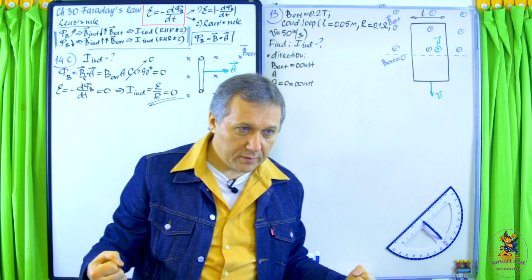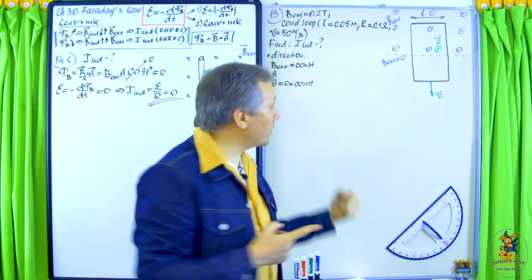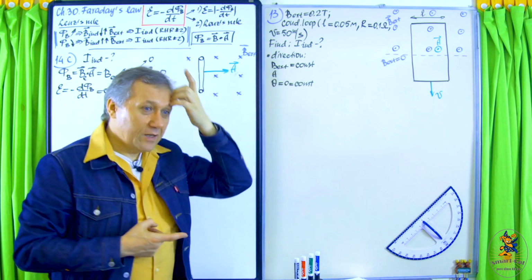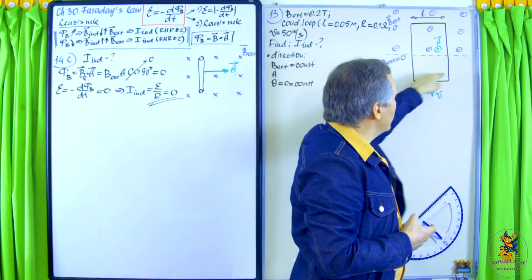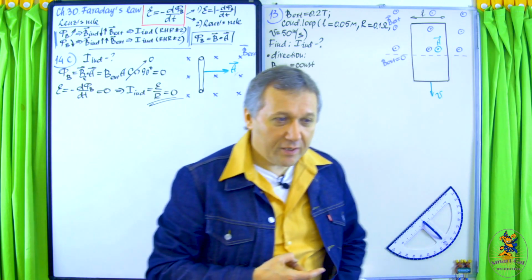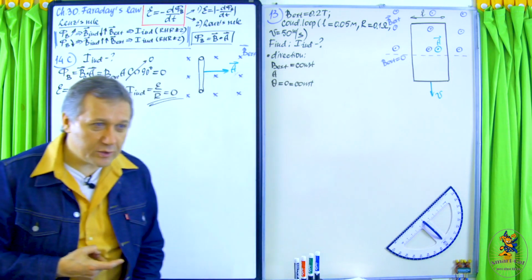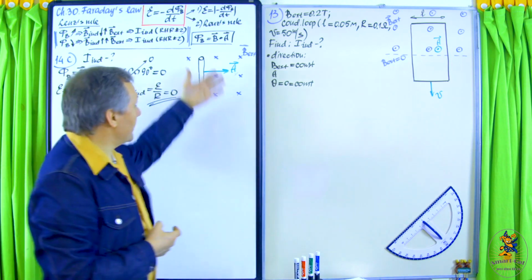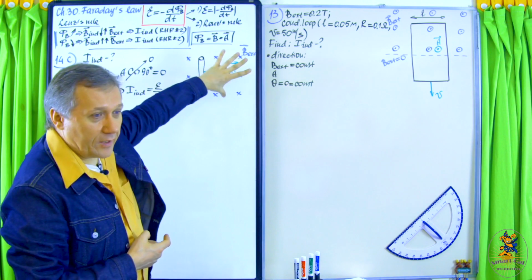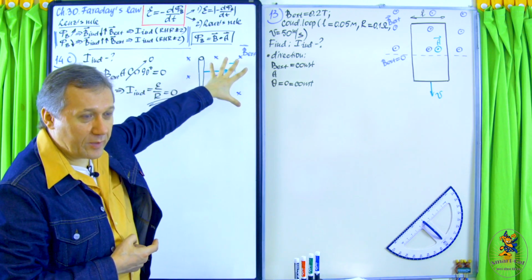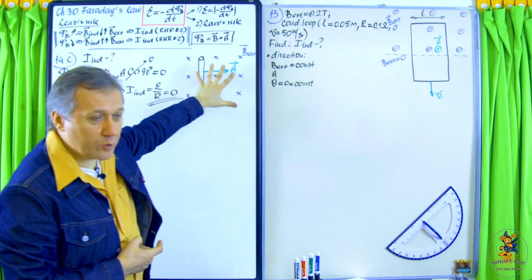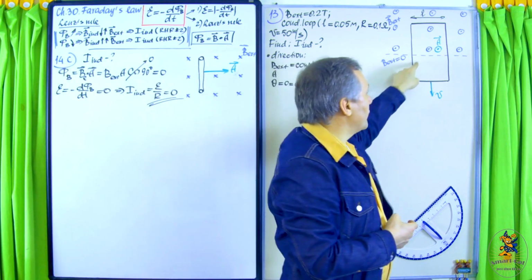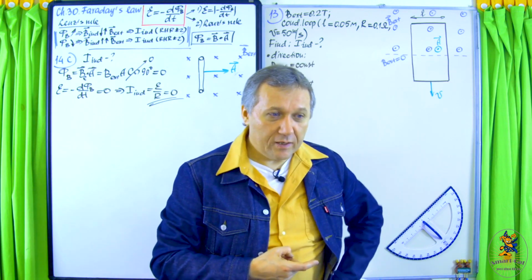The total loop does not change. But we are talking about the magnetic flux, and the part of the loop which is not exposed to the magnetic field is not going to contribute anything to the flux. Like in part A, the whole loop was exposed, so the whole area contributed to the magnetic flux. Now, this part of the loop does not contribute anything.